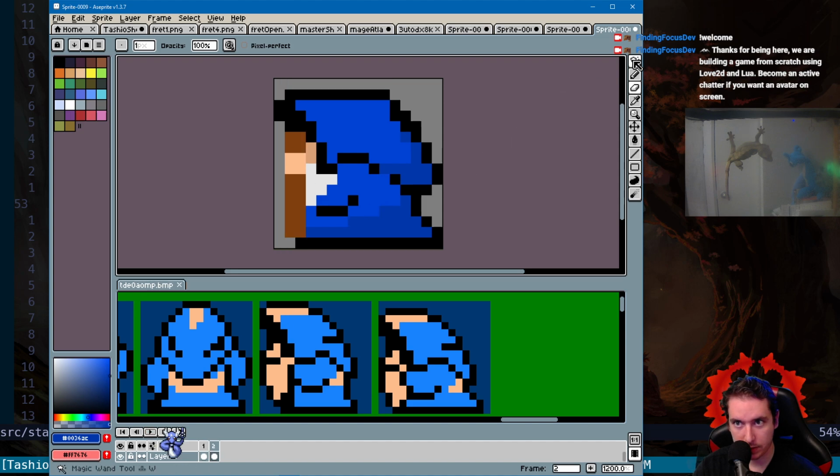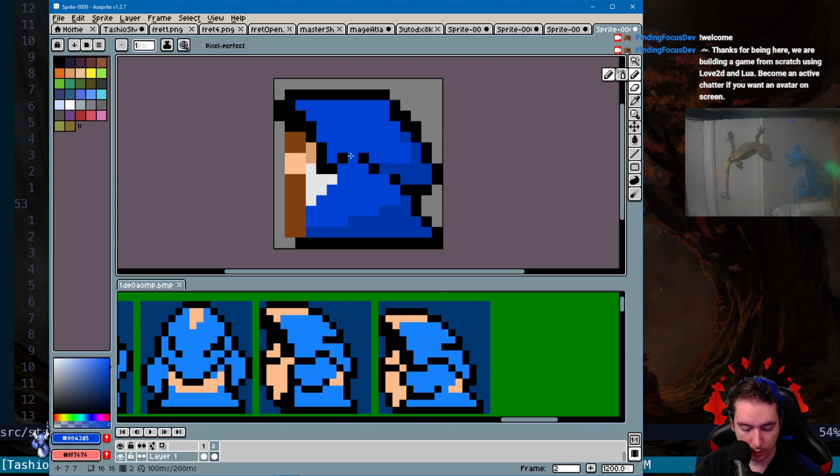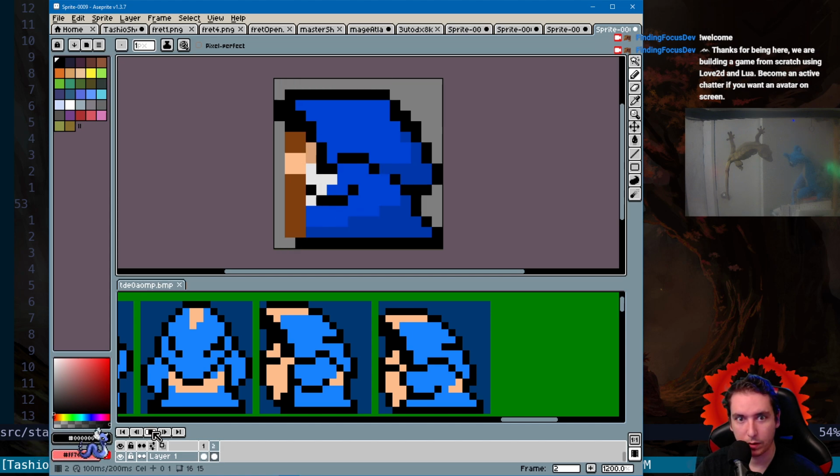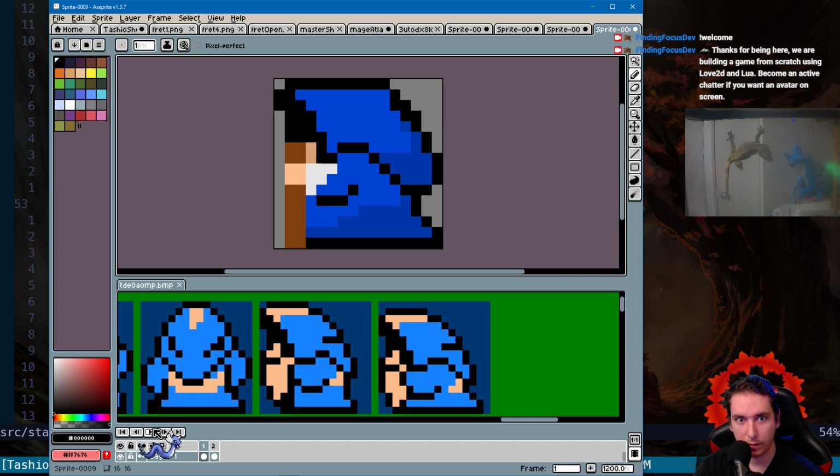Okay, I think his elbow needs to come up because his hand goes up. But I like the staff coming up when he's... That just looks weird, huh?